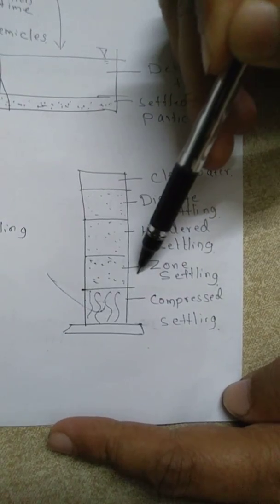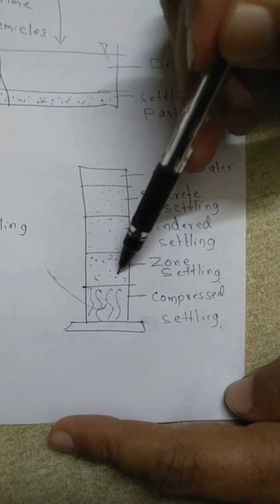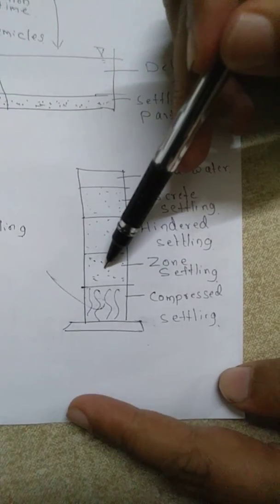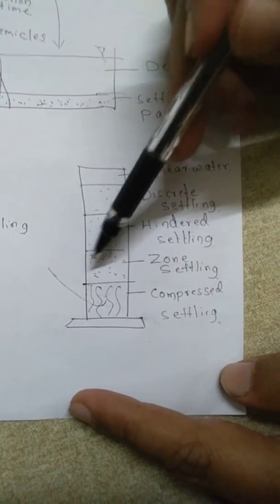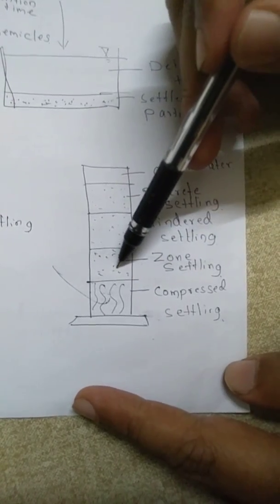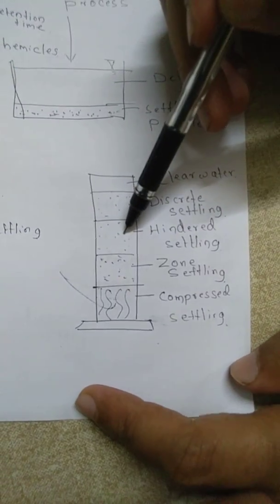In the zone settling, there will be a few settleable particles and some amount of suspended particles, but the greater concentration will be suspended particles. Here, as compared to the compressed settling, the water will have more suspended particles. Next is the hindered settling.